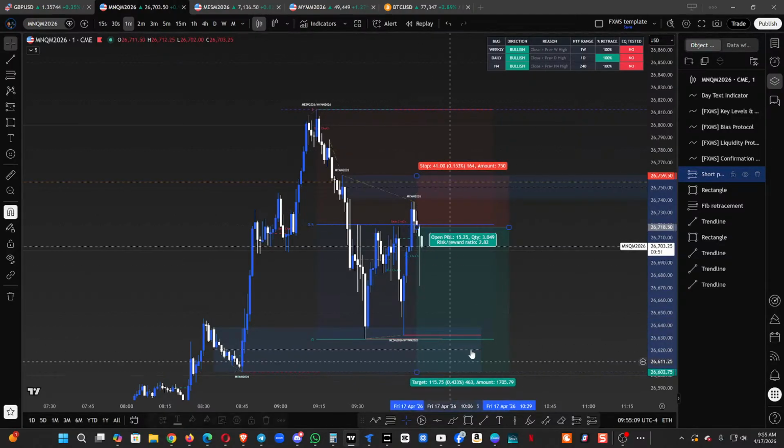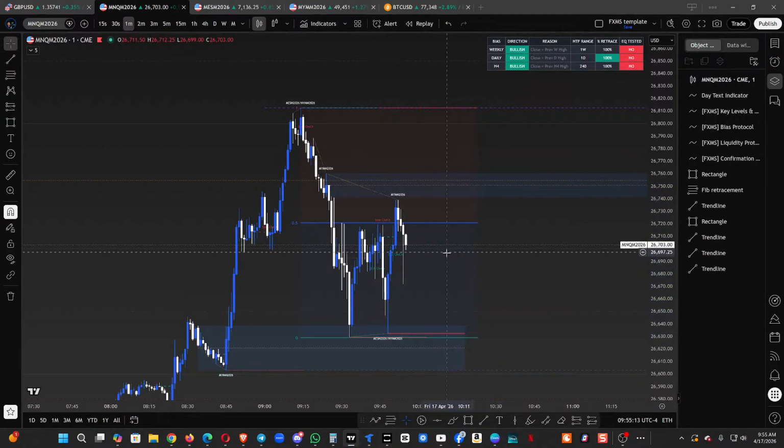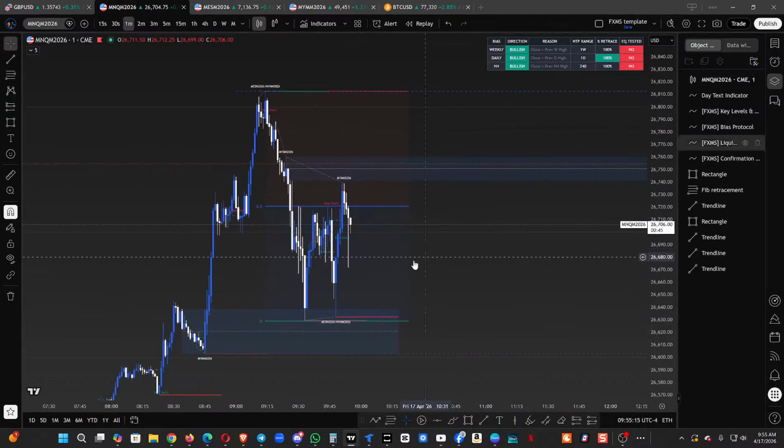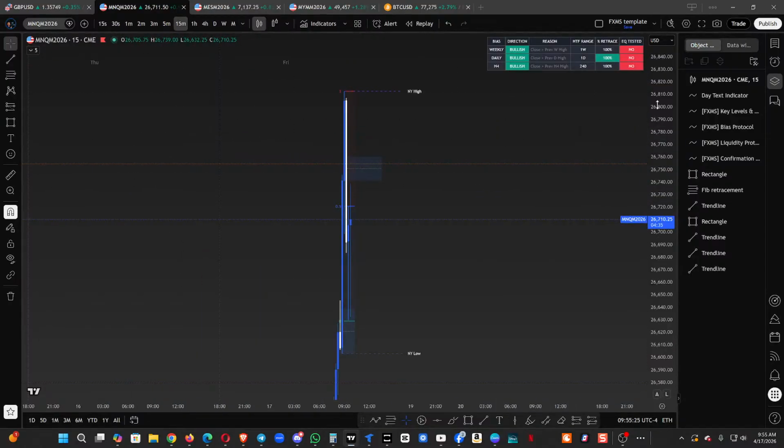But let's see what happens when we get down here. So this would potentially play out here, but again, still in this 15-minute consolidation range, so we're just going to play a little cautious today.